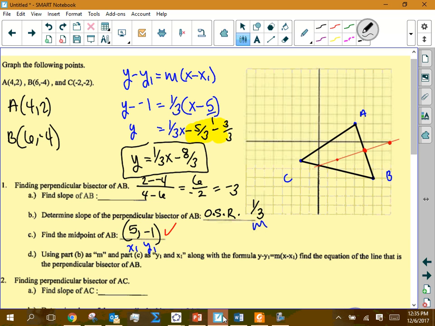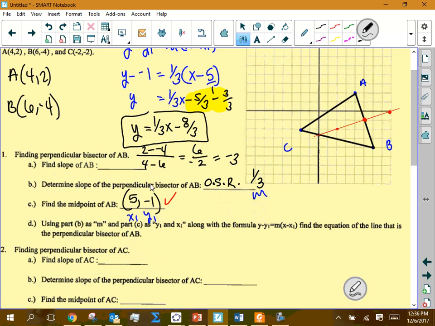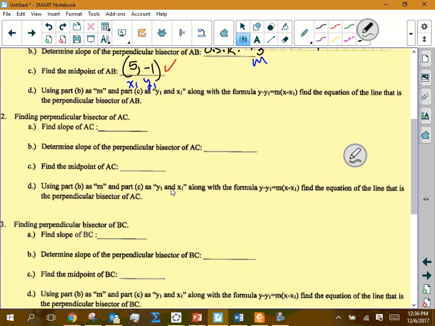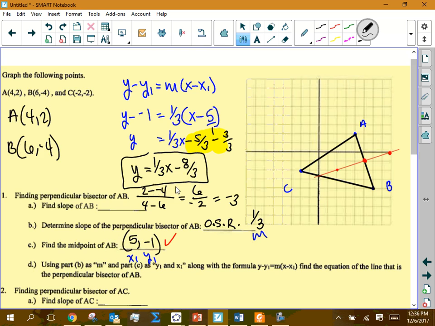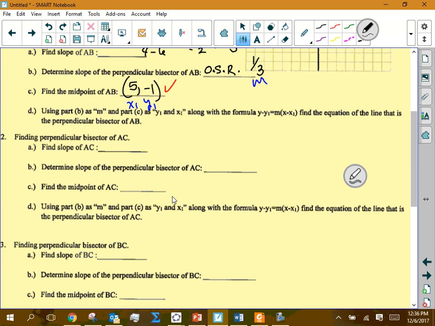So the rest of the worksheet kind of walks you through that process again, but now for points A and C. So points A and C are 4, 2. So do that over here. A is 4, 2. And C is -2, -2.